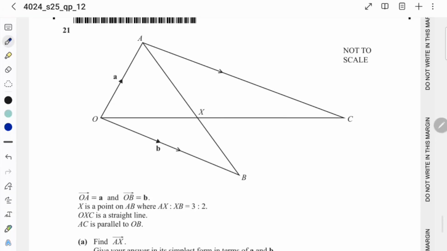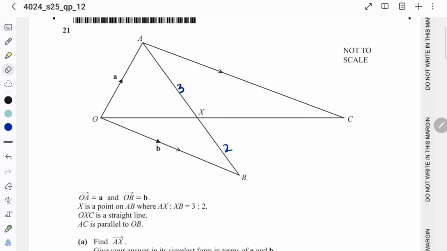Now move to the next, question number 21, a vector question. OA is a, OB is b, X is a point on AB where AX is to XB is 3 is to 2. Remember the parallel lines are there, and these two triangles are similar triangles.